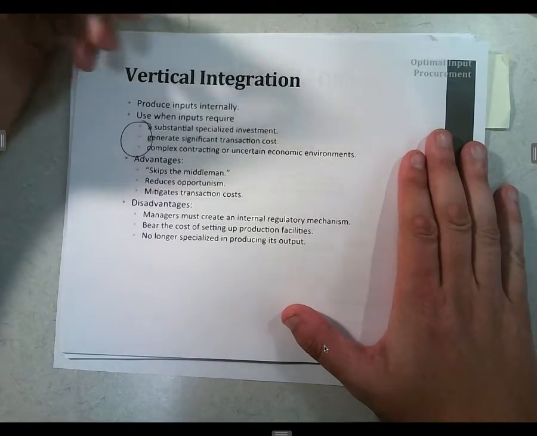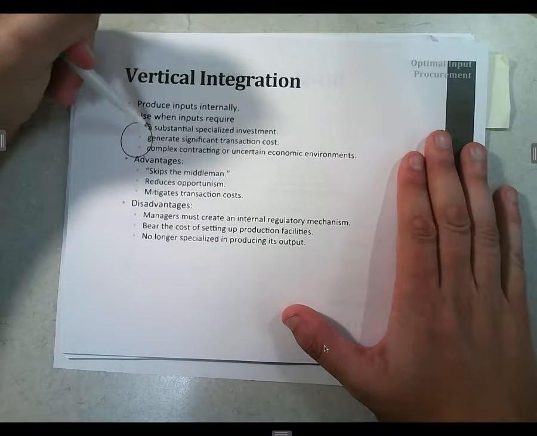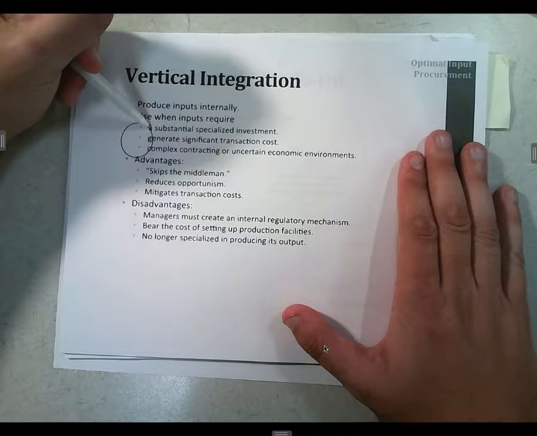When will you see it? You'll see it when what you need from the supplier is something that's incredibly highly specialized. So then maybe you say, okay, maybe we should do it ourselves. Or you don't want others to have that kind of knowledge, right?